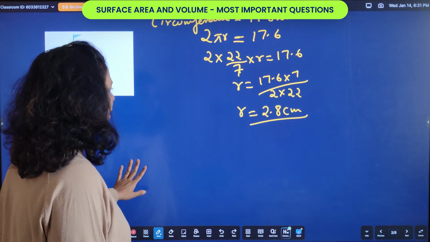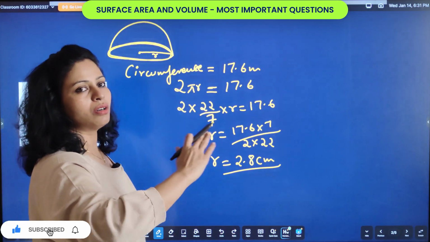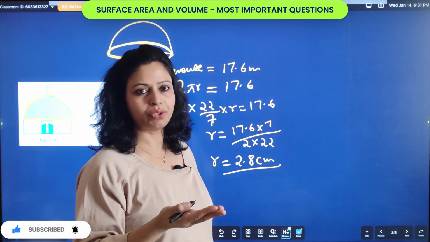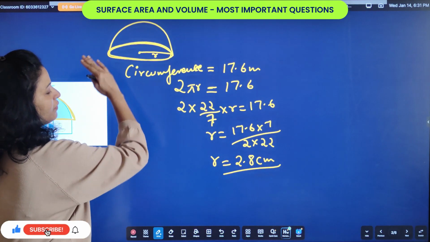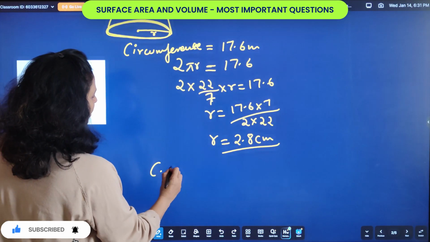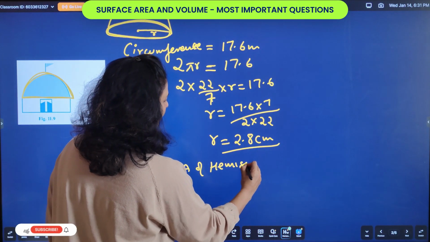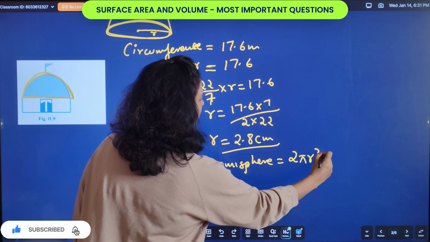Now we need to find, because we need to paint the curved surface area, right? Not the base of the hemispherical dome. We have to paint the curved surface area. So we need to find CSA of hemisphere, which is 2 pi r square.